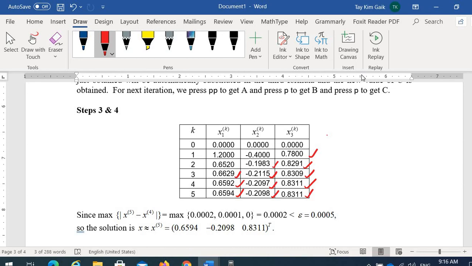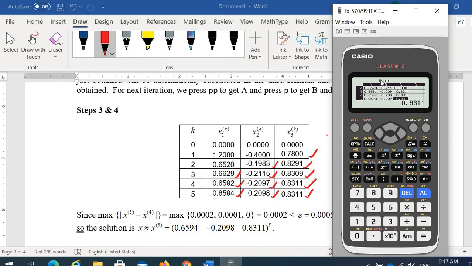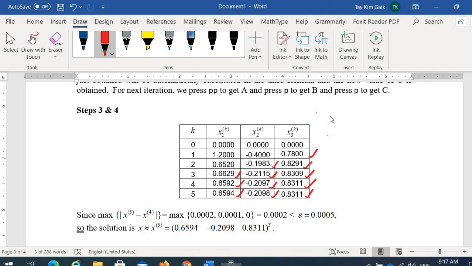So the solution for x1 is 0.9564, x2 is negative 0.2098, x3 is 0.8311. So this is solved using the spreadsheet menu.